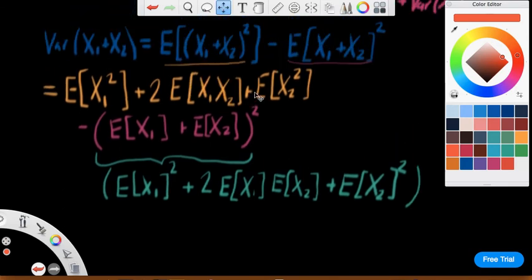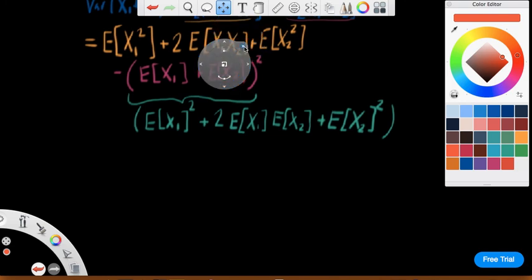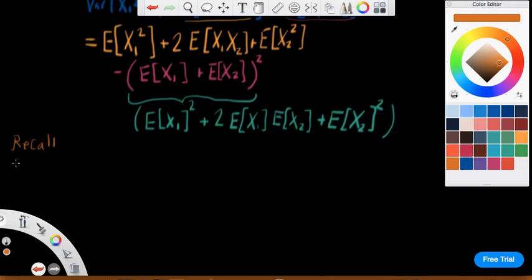So just recall that independence implies uncorrelated, which implies, basically, that E of x1 x2 equals E of x1 times E of x2.